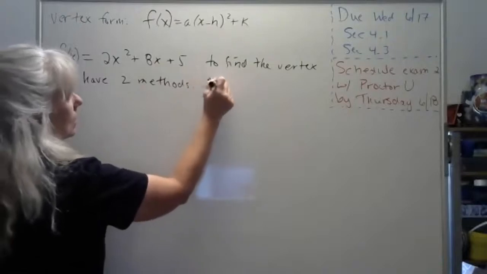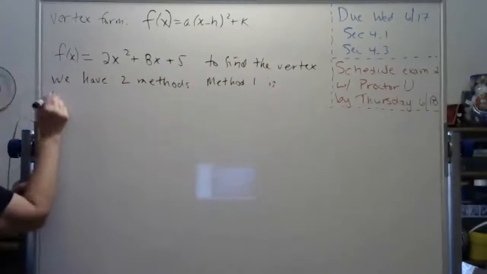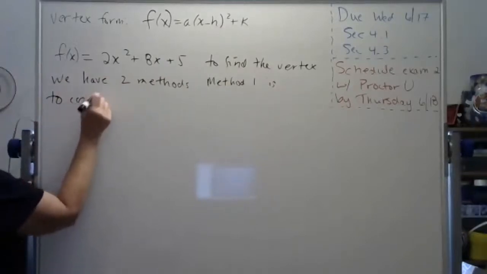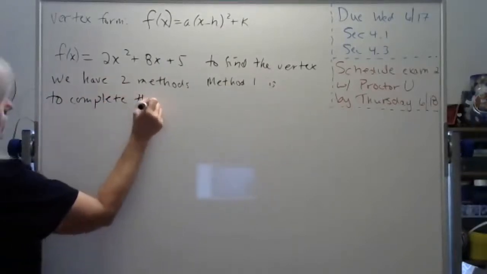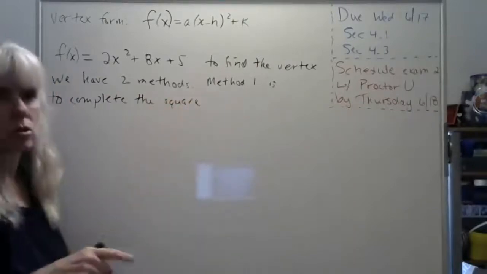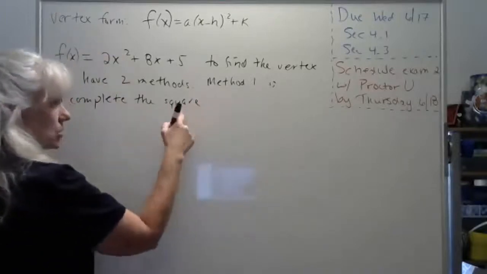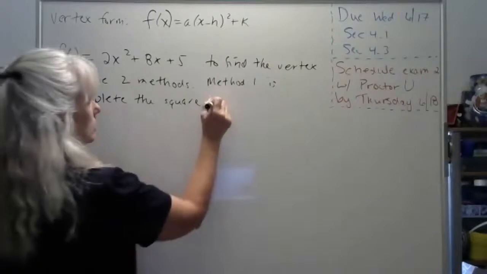So method 1 is to complete the square. If you need that method in your future, you'll pick it up in pre-calc, so I'm not too worried about it. It is also in your textbook if you want to go look at it.